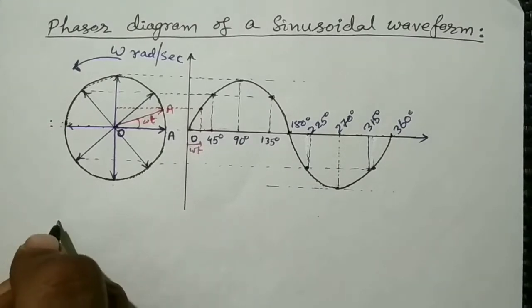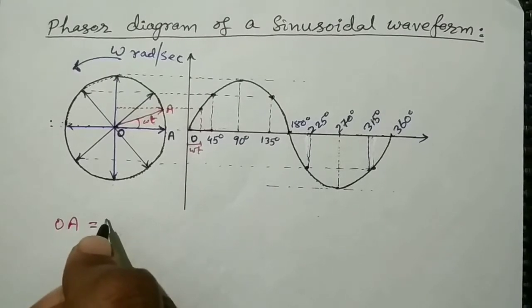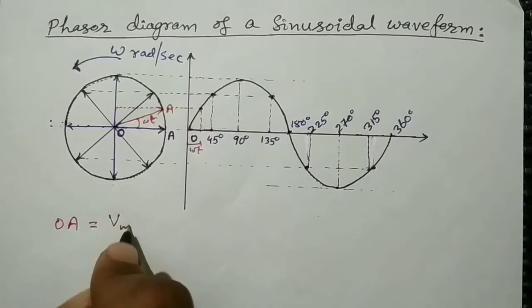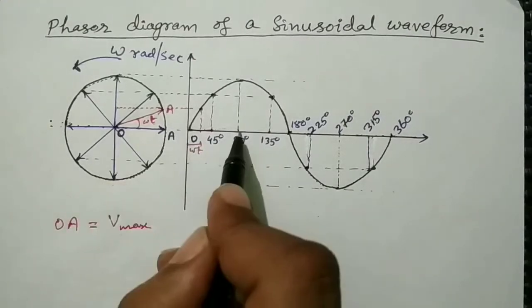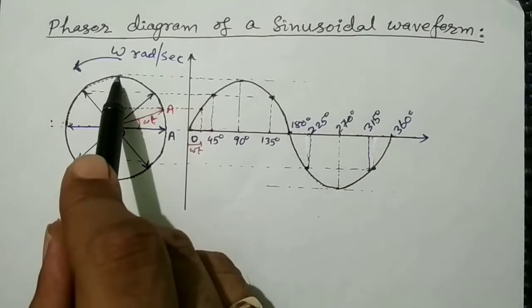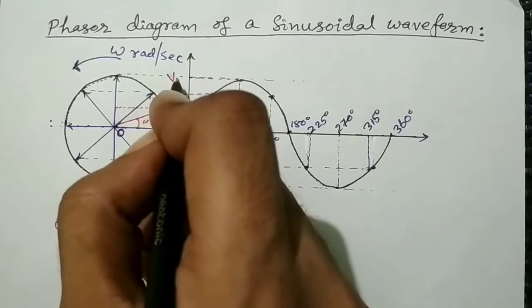Now if we take the length of the line OA as, let's say, Vmax, then at 90 degree, when it is in the positive y-axis, the maximum value here will be Vmax.